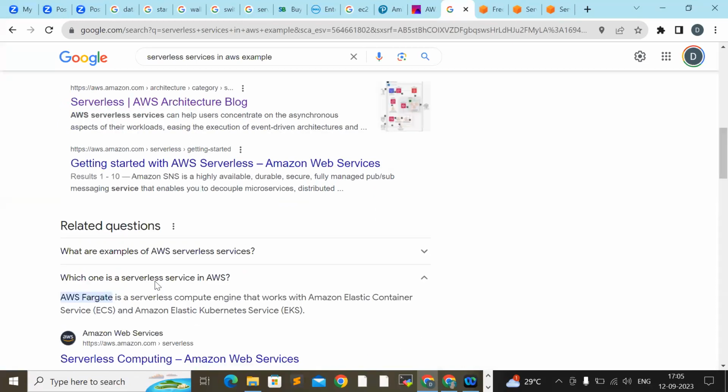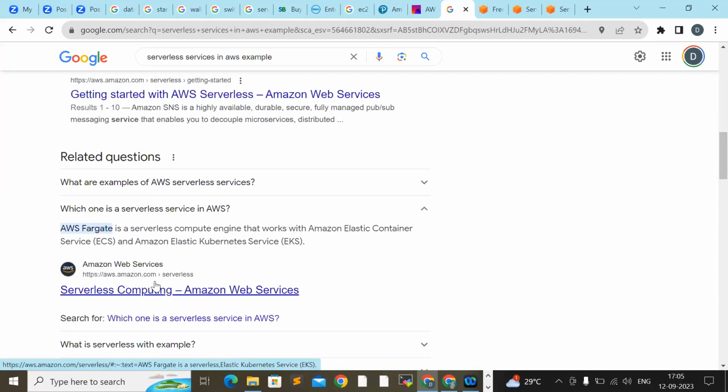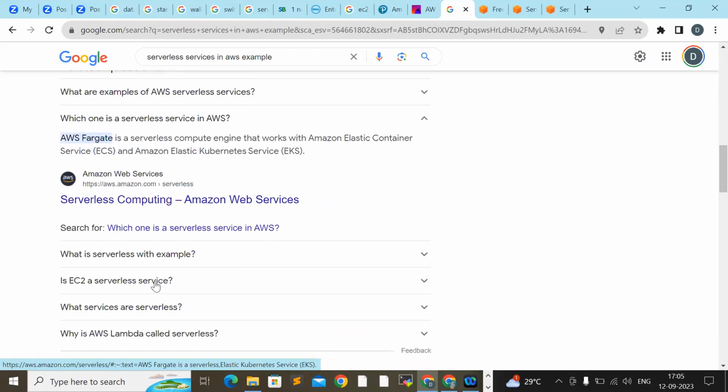You need to be very good in one language if you want to use Lambda. Development skill is needed. You will not do any infra provisioning, make artifacts, or deploy in Tomcat.